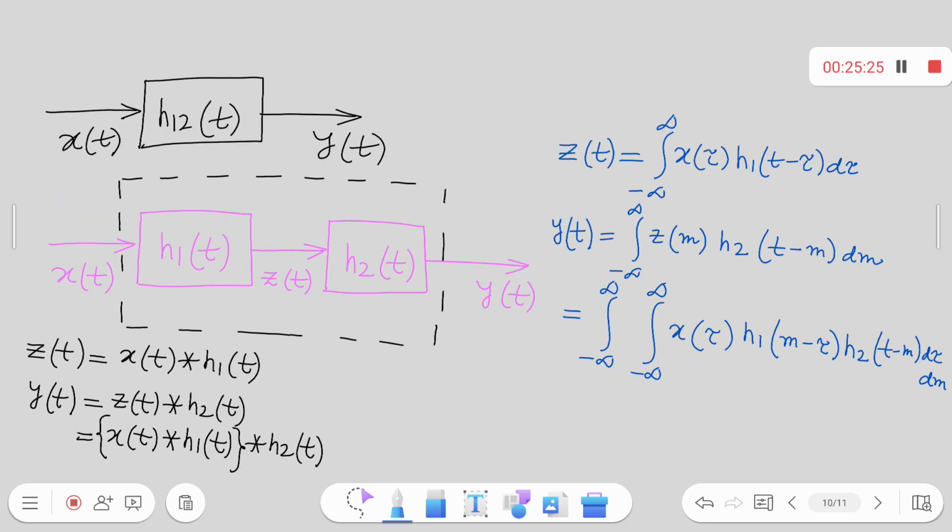So y(t) is the integral from minus to plus infinity, then another integral from minus to plus infinity, of x(tau) h1(m minus tau) h2(t minus m).